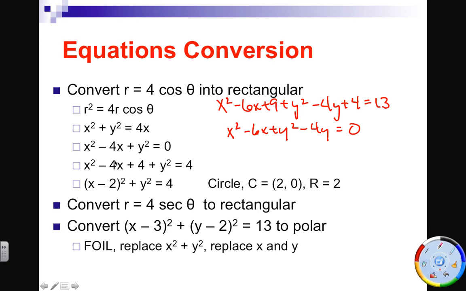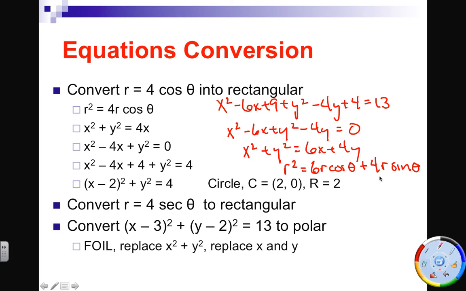Then, kind of working backwards here, I got all my quadratics on one side and my linear pieces on another. So I'm going to say x squared plus y squared equals 6x plus 4y. Well, x squared plus y squared is r squared. X is r cosine theta. And y is r sine theta.